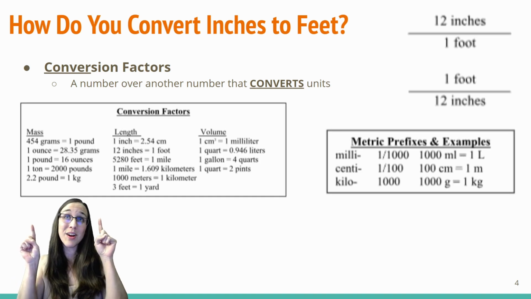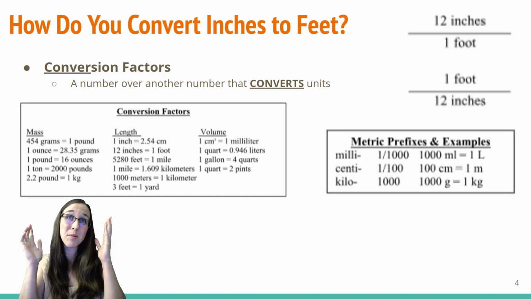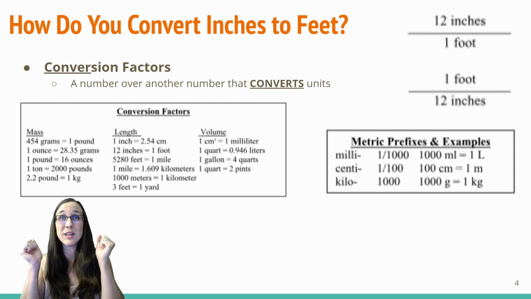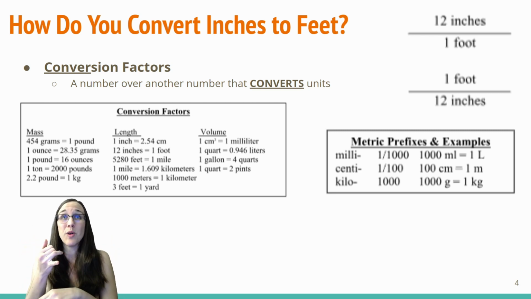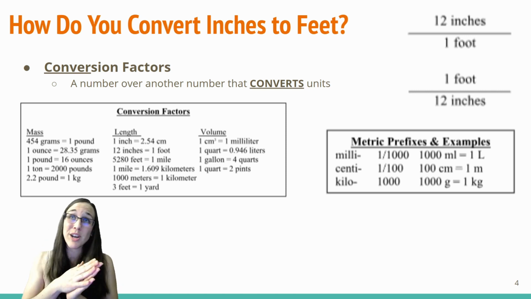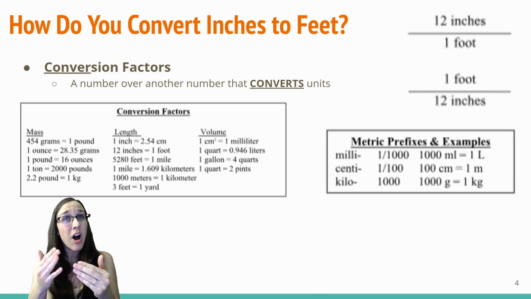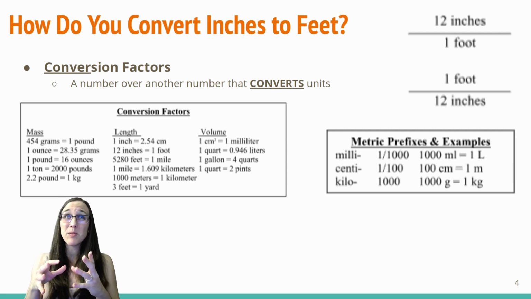Here are some very common conversion factors that you may or may not have seen. Some of which would include that 12 inches in 1 foot, 5,280 feet per mile, 3 feet in 1 yard. Those are probably things you've seen often before. Less common would be like 454 grams in a pound.